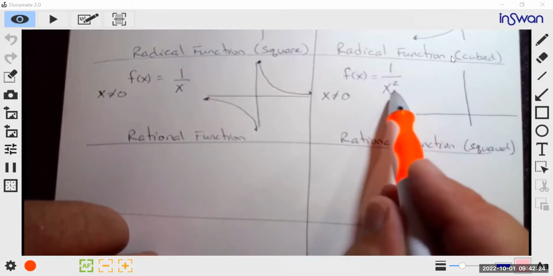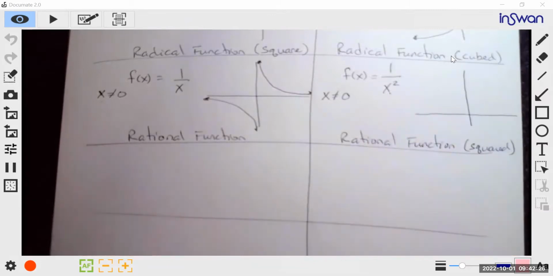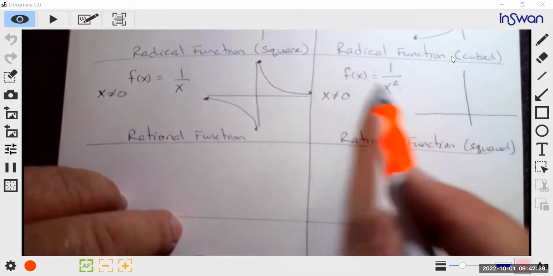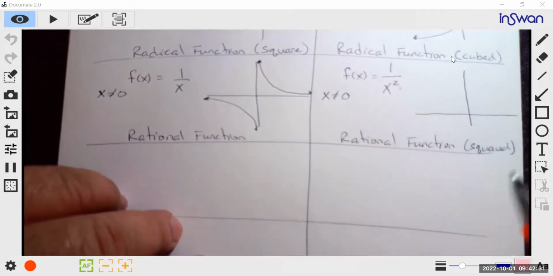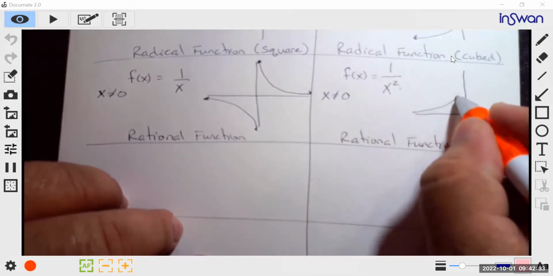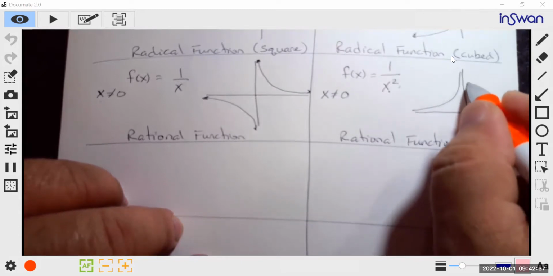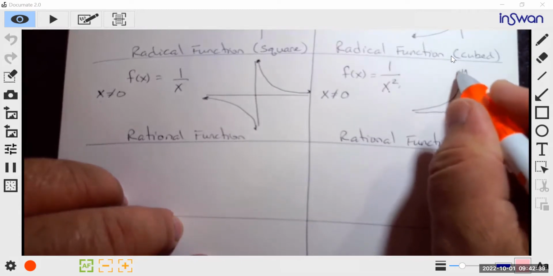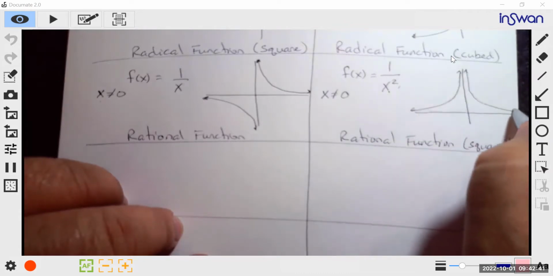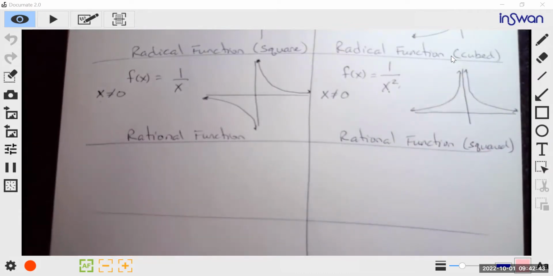When you square a number, it becomes positive. So with this answer, we cannot have negative answers. But we can use negative X's. If we use negative X's, the answer is going to be positive. It looks kind of like the Atari symbol.